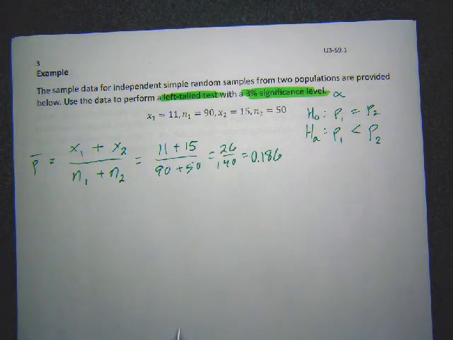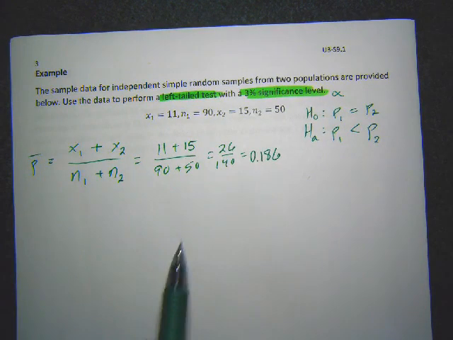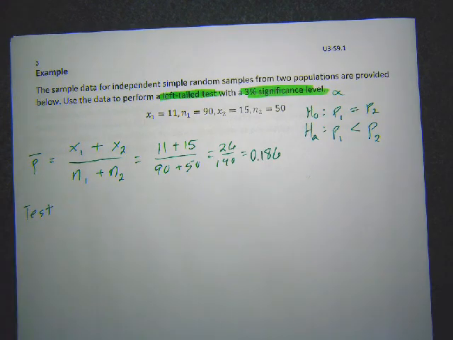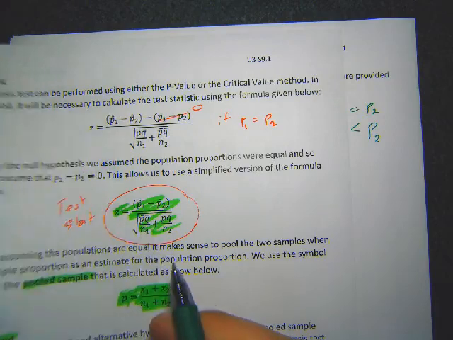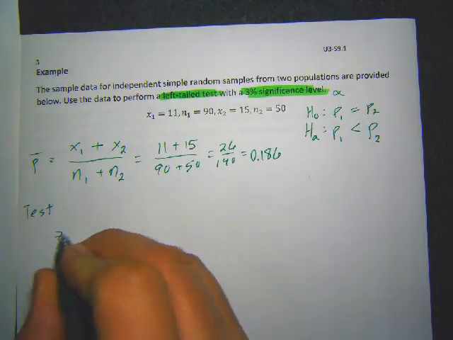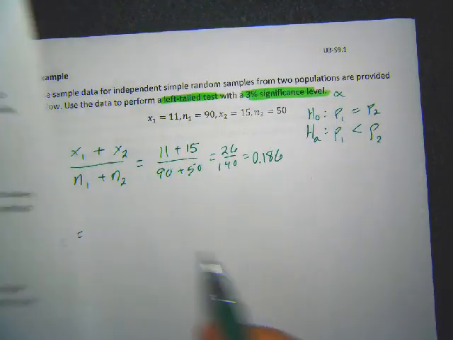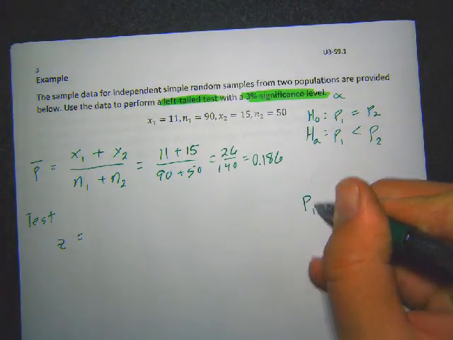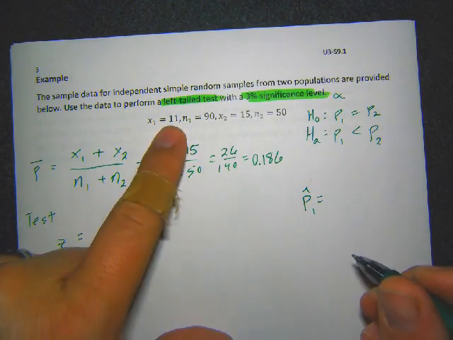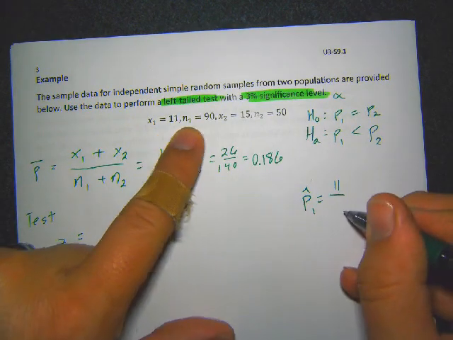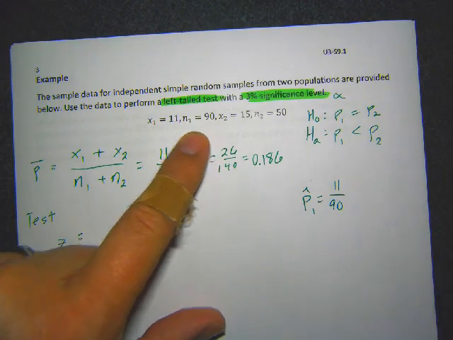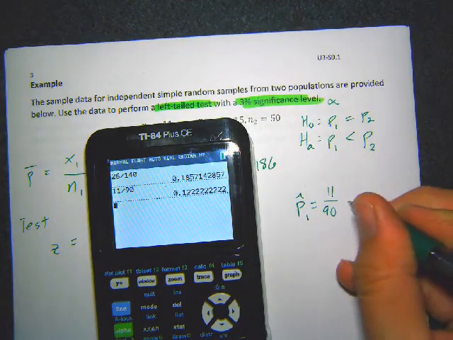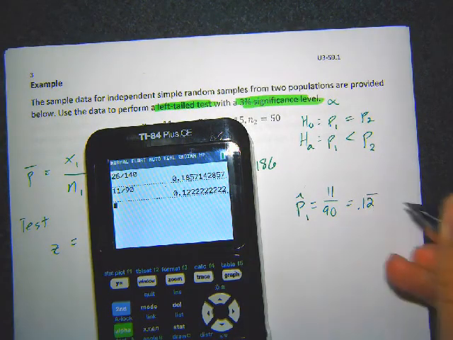Then we calculate our test statistic. We're going to use this other formula for z right here. First off, we take the sample proportions, p hat 1 and p hat 2, which we don't have yet, so we have to find those ourselves. To get p hat 1, we take the number of successes for the first sample over its sample size, so 11 over 90, which is 0.12 repeating.